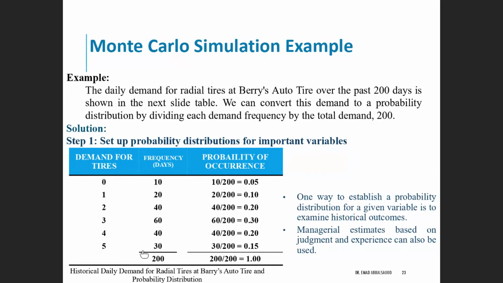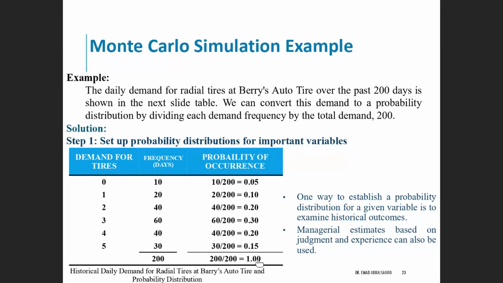Now how do we calculate the probability of occurrence? You basically divide the value of the occurrence by the total. So you divide the 10 over the 200 to get the probability of the demand of 0. So the probability of 0 demand is 0.05. The probability of 5 tires demand is 0.15.